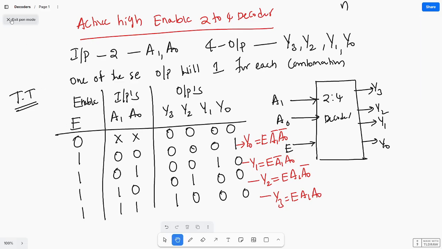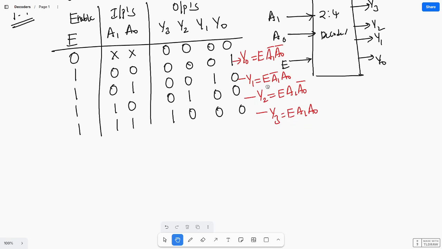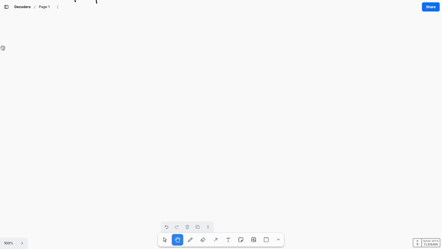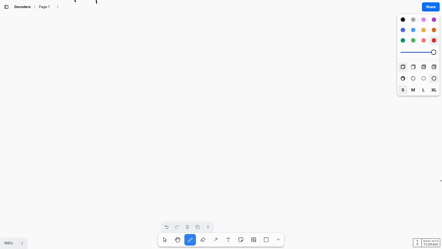For this 2 to 4 decoder with active high enable, how to draw this? Let us take this one as the enable pin, and this is A1, A0.